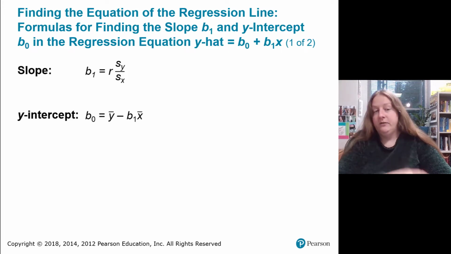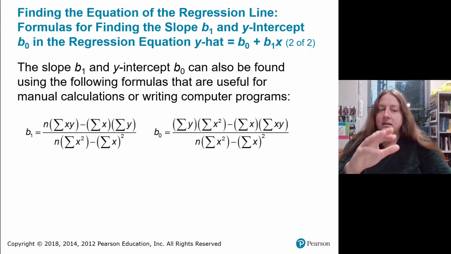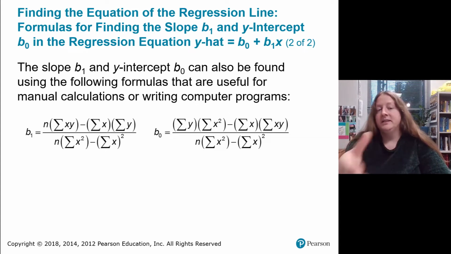These give you a really good idea of what's going on. And if we calculate our r value to start with, if we're looking for our correlation coefficient as well as the regression equation, this is the way to go. I don't entirely agree that this is easier to do when you're doing manual calculations.